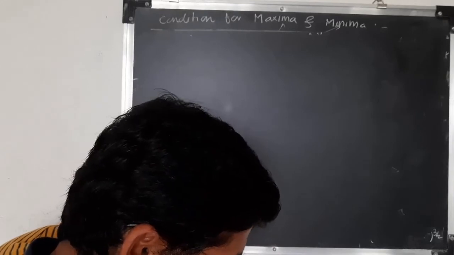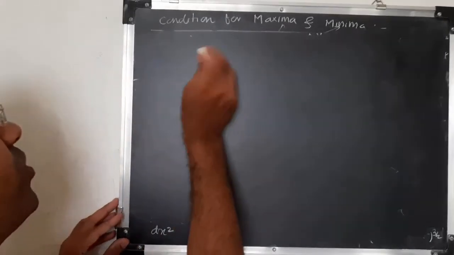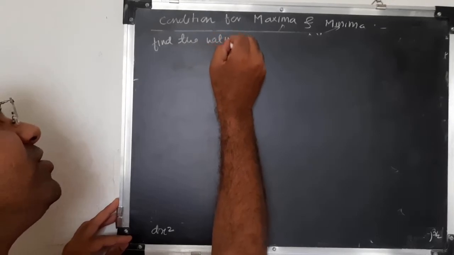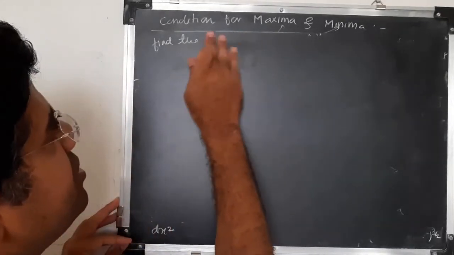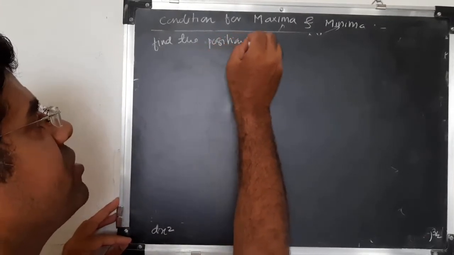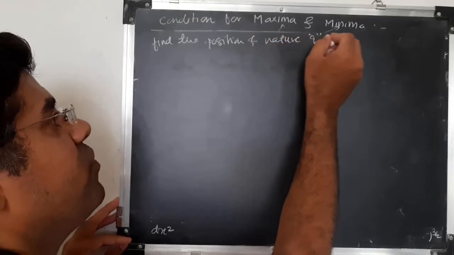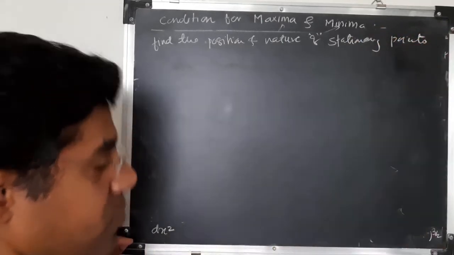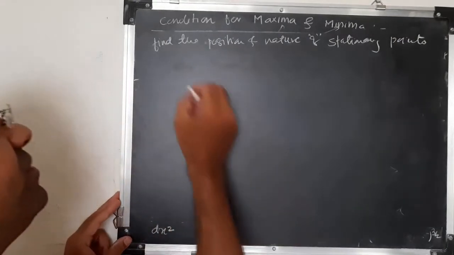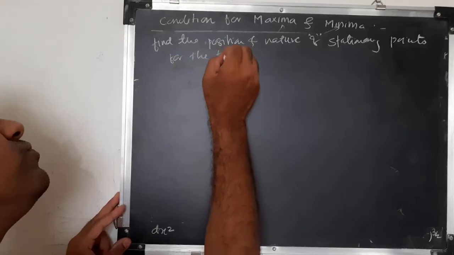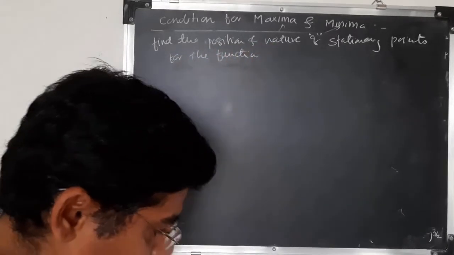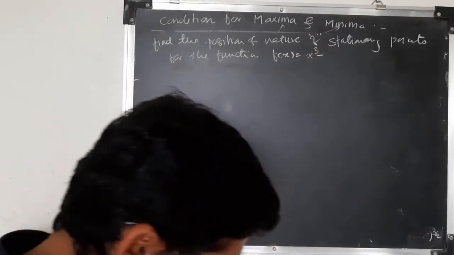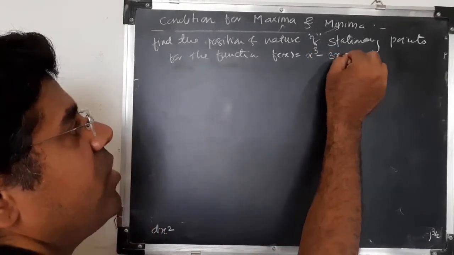We'll take one example so you'll understand. In exam they will ask one problem related to this: find the position and nature of a stationary point for the function f(x) equal to x cube minus 3x plus 3.